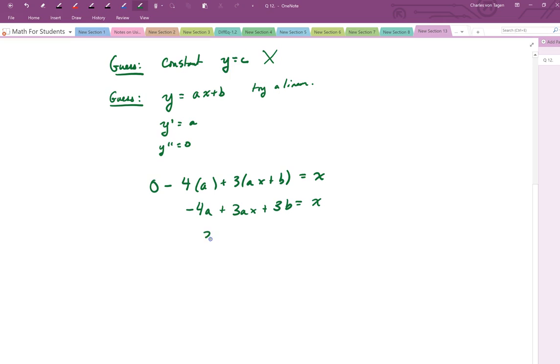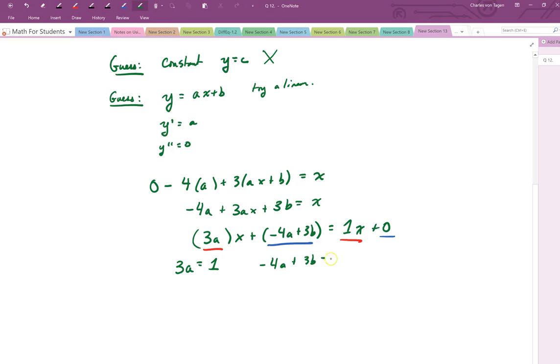So I could regroup this way: 3ax plus negative 4a plus 3b on the left-hand side needs to equal, on the right-hand side, 1x plus 0. So we have the equations that 3a is equal to 1. That's by a position argument. The coefficient 3a has to equal the coefficient 1, and the coefficient negative 4a plus 3b needs to equal 0. So we get the second equation, minus 4a plus 3b equals 0.